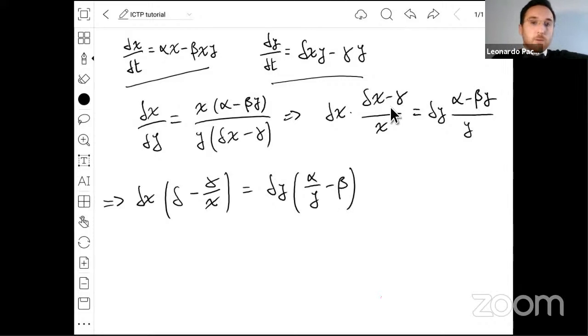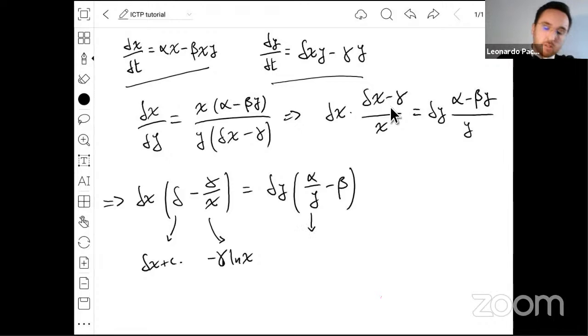But these are very simple functions that we can integrate very easily. Integrating this constant here, we get delta x plus a constant. This here gives minus gamma times the logarithm of x, plus a constant, of course. This here gives alpha logarithm of y plus a constant.